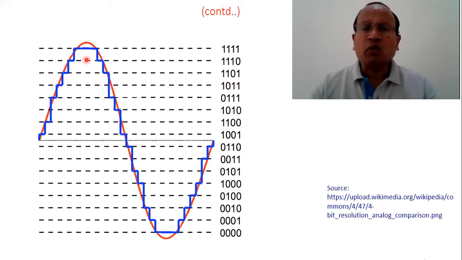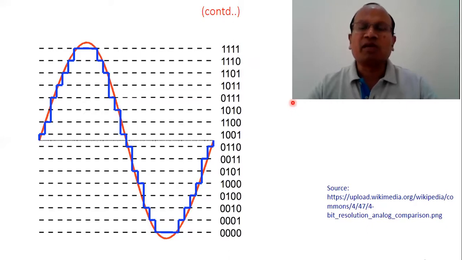So when we increase the number of quantization levels, better approximation is maintained and lesser quantization error is achieved, but at the expense of more bits required, which directly means that the bandwidth requirement will also become more.